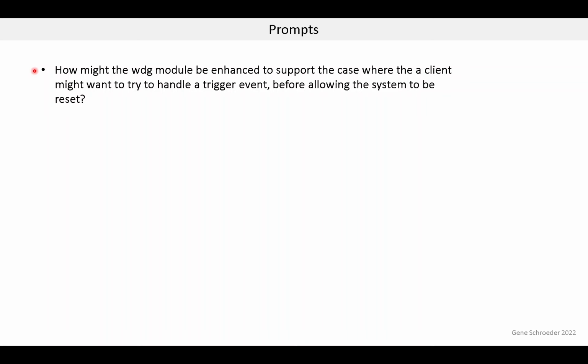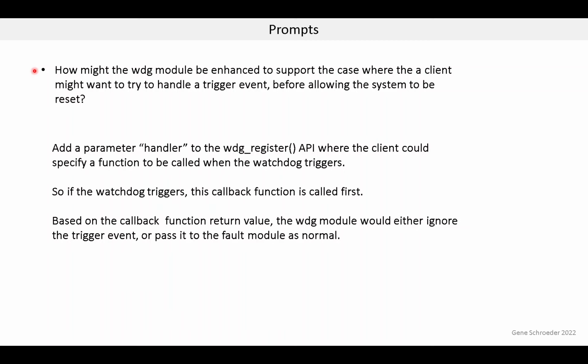How might the watchdog module be enhanced to support the case where a client might want to try to handle a trigger event itself before allowing the system to be reset? So the way I thought of doing this is to add a parameter, call it handler, to the registration API, where the client could specify a function to be called when the watchdog triggers.